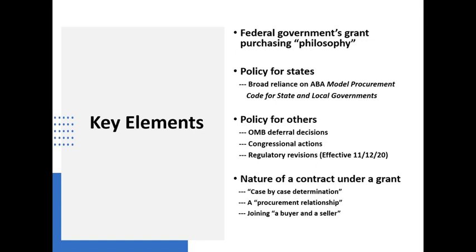Suffice it to say that some of what you have to follow now comes as a result of statutory, I won't call it meddling, but certainly statutory action by the Congress itself.